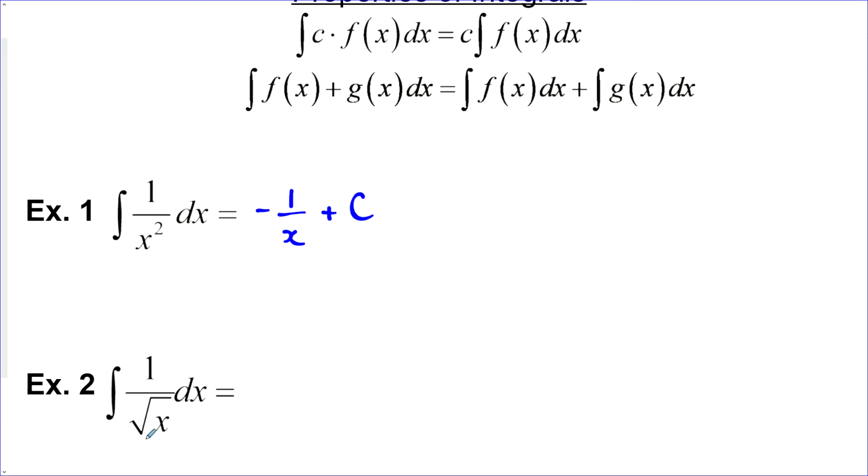We've got 1 over the square root of x, and that would be the square root of x, or x to the power of 1/2 if you prefer. When I take the derivative of this, I'm going to get a 1 over 2 here, but I don't see any of that. So I'm going to put a 2 here to cancel that out. And this is also an indefinite integral, so I'm going to put a plus c.